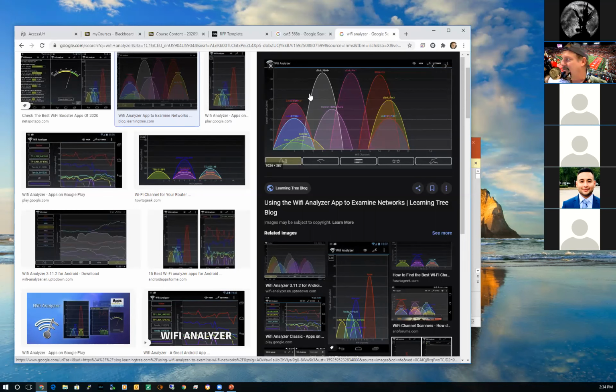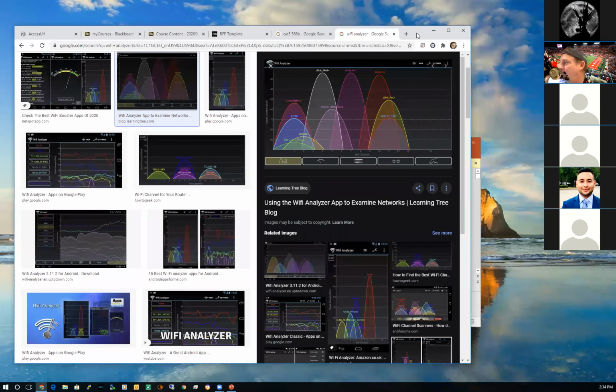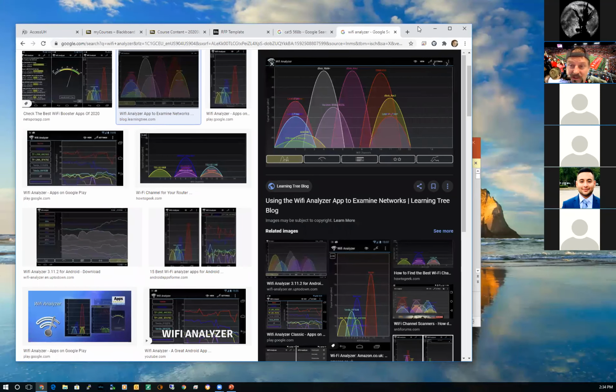Each one of these names here is a network. Has anybody ever used this program before? Anybody have an Android in here? This is one of the extra credit assignments, by the way, which, sorry to say, is only available to people that have an Android, which is why I have multiple extra credit assignments. If you really want to do this, and I highly recommend it, if you're a Mac or iPhone person, find yourself an old Android.